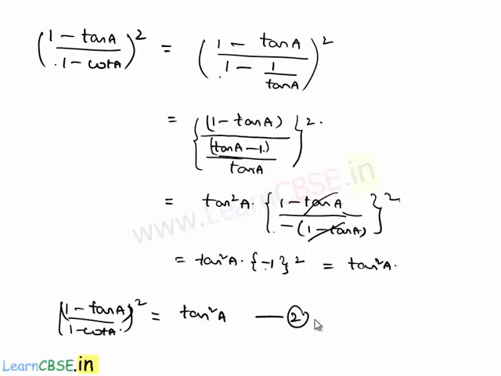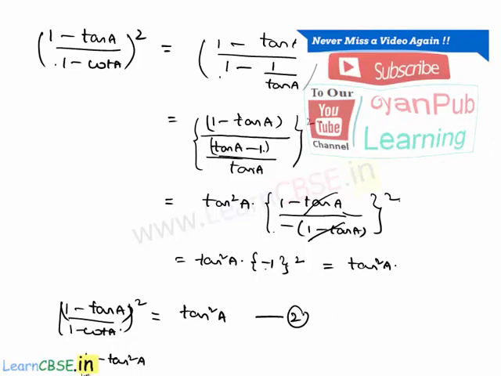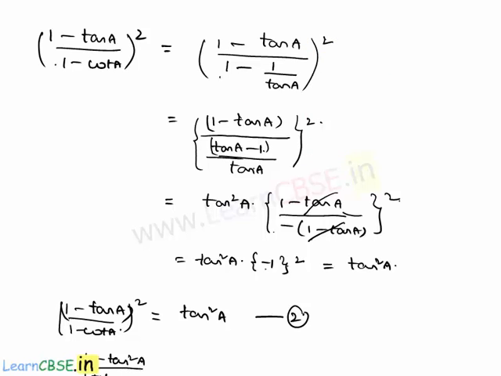Let this be our second equation. From 1 and 2 we can say that (1 plus tan square a) by (1 plus cot square a) is equal to ((1 minus tan a) by (1 minus cot a)) whole square, which is nothing but tan square a.